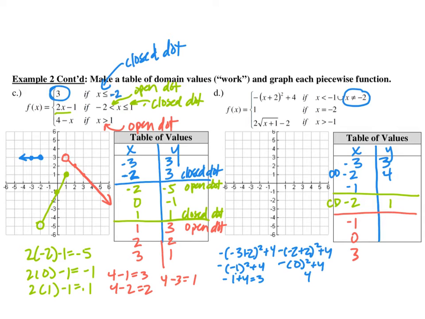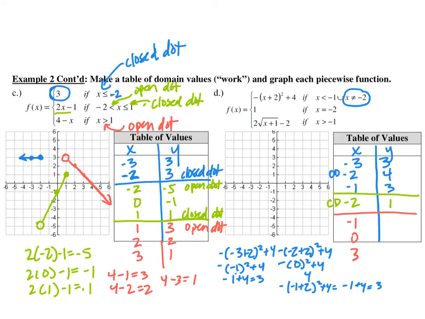And now we've got (-1 plus 2) squared plus 4. And then we have that equals -1 plus 2 is 1. And 1 squared is 1. 1 plus 4 is 5.